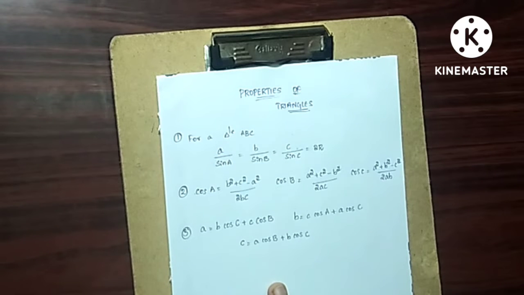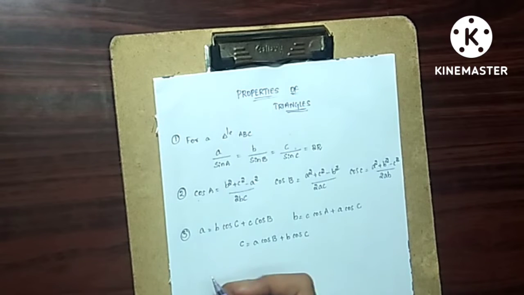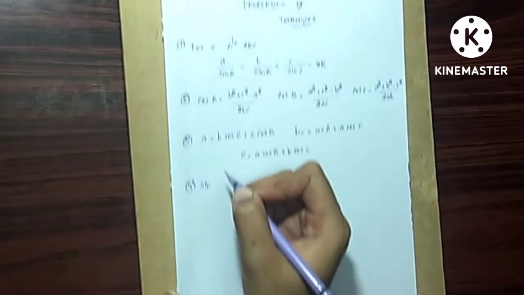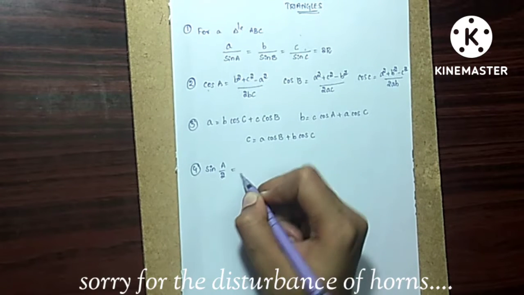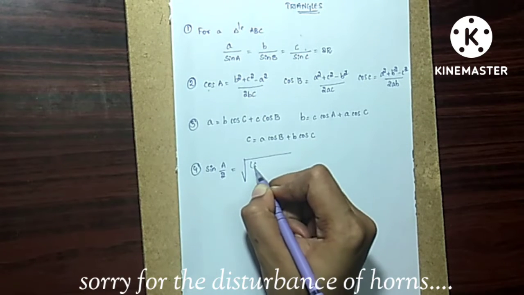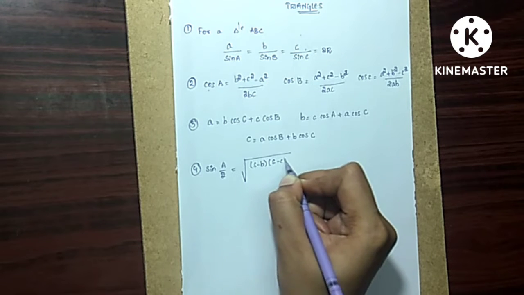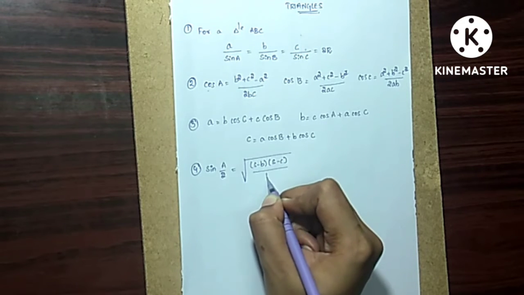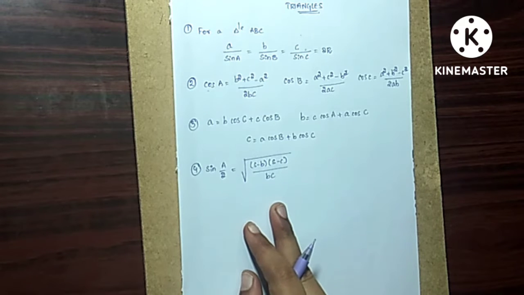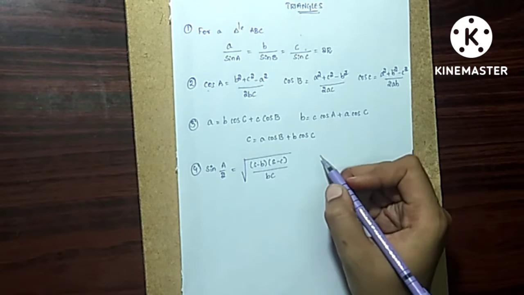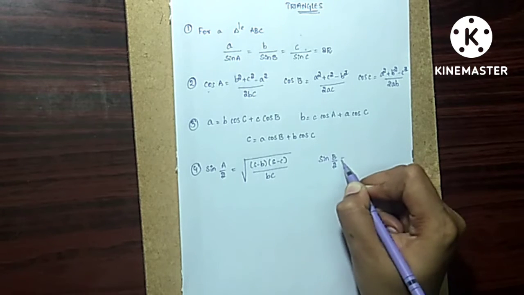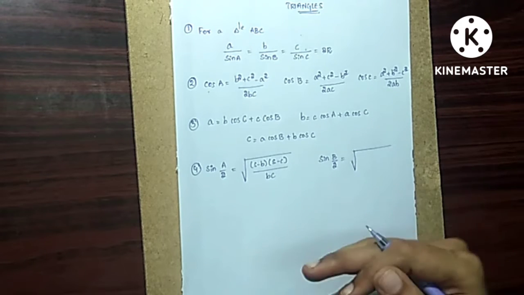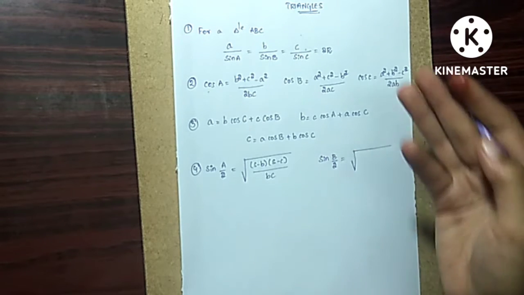Now we will tell about our fourth important formula, which is sin A by 2 equals root of (s minus b) into (s minus c) by bc. This is our sin A by 2 formula. Now we will write the sin B by 2 formula. Come on students, let's take a copy and note the formulas.